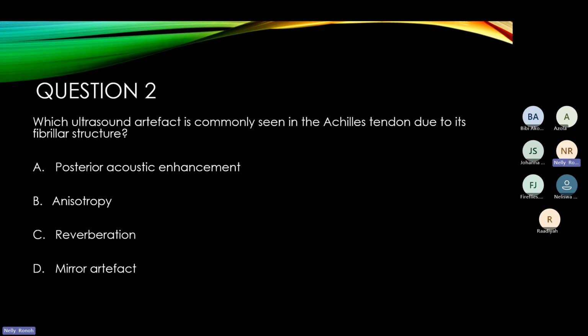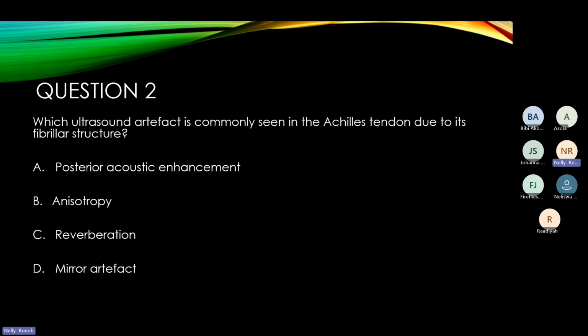So anisotropy is the most common artifact, and when you go for your practicals, you'll be able to see that. Sometimes anisotropy is actually helpful, especially when we are scanning the wrist or even the ankle. We want that anisotropy so that we're able to differentiate between the nerve and the tendon, because sometimes they are so close that you can't tell.